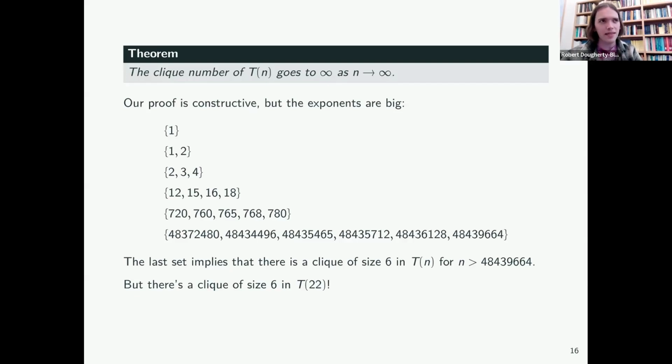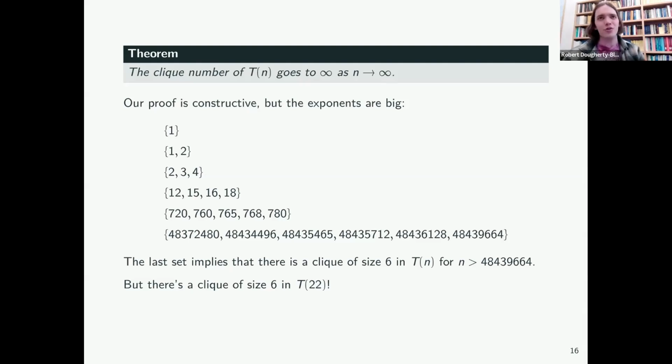The problem is that our construction gets very, very big, very, very quickly. It gets so enormously big so fast that it's completely useless for computation. Even already here, the last clique that you see, that's a clique of size 6, but it says that you need to have trinomials of degree 48.4 million or something like that for this to even be potentially useful, which is useless for us.